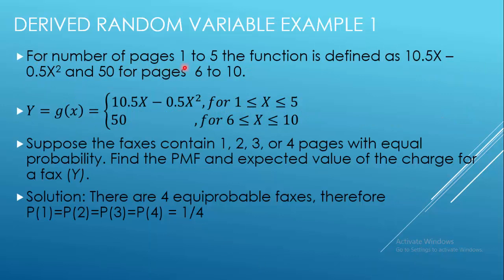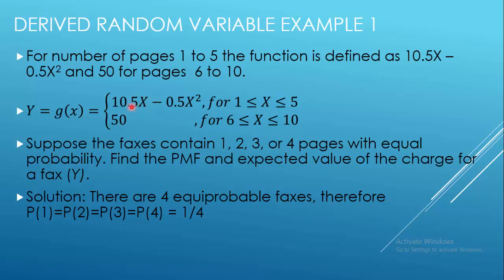For number of pages 1 to 5, the function is defined as 10.5x minus 0.5x squared, and 50 cents for pages 6 to 10. As you can see, for pages 6 to 10, the rate is flat, 50 cents. If you have 6 pages or 7 pages to be sent via fax, then you simply pay 50 cents.